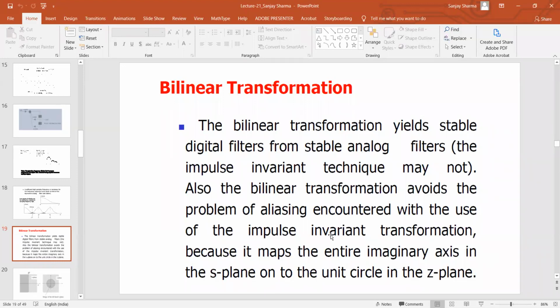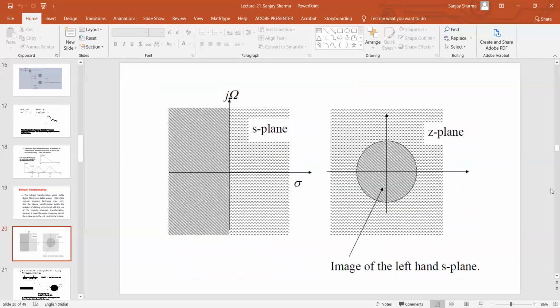In the impulse invariant method, you have seen that the strips are being mapped inside the unit circle. Whereas in the bilinear transformation, the complete j omega axis, the left side of the j omega axis, will go inside the unit circle. So the mapping in bilinear transformation is 1-to-1. So that's what is explained in this diagram.